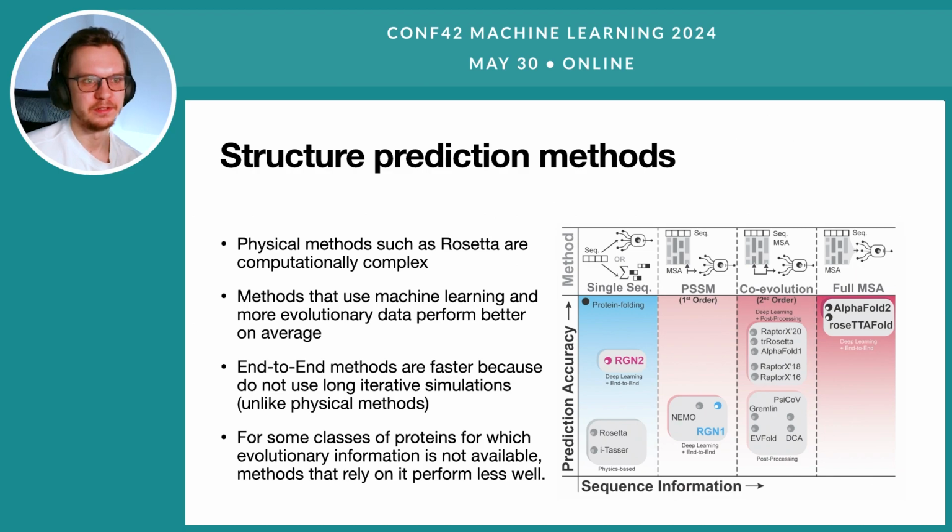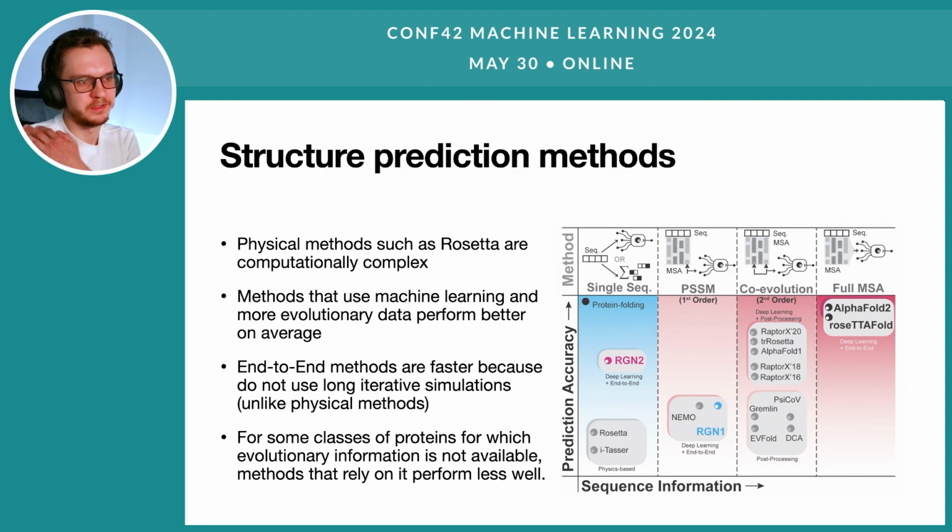Second order methods use coevolution information, so they will encode information about pair interactions in multiple sequence alignment and use different kinds of methods to produce the result. And finally, full multiple sequence alignment methods will use the full multiple sequence alignment and will use deep learning to process the whole data available from multiple sequence alignment.